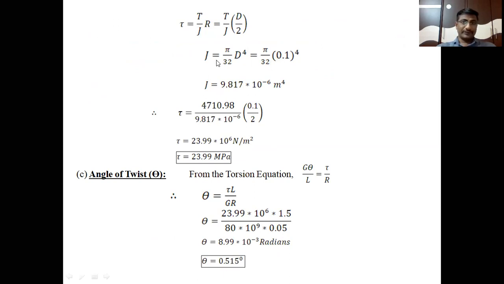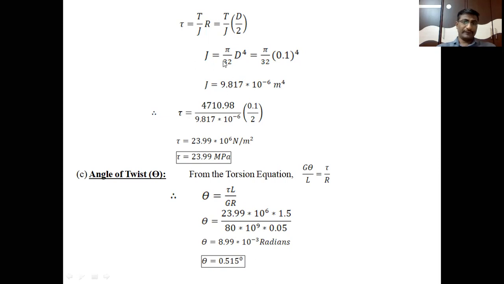As we know, J, the polar moment of inertia, is pi by 32 d to the power 4 for a solid shaft. So pi by 32, 0.1 is the diameter, 0.1 whole power 4. The polar moment of inertia value is 9.817 into 10 to the power of minus 6 meter power 4.